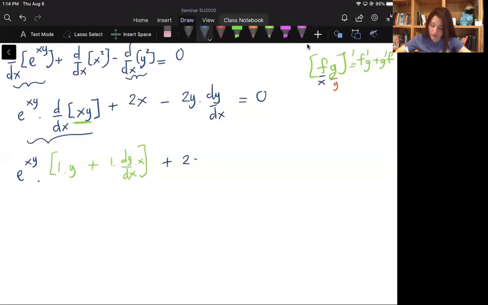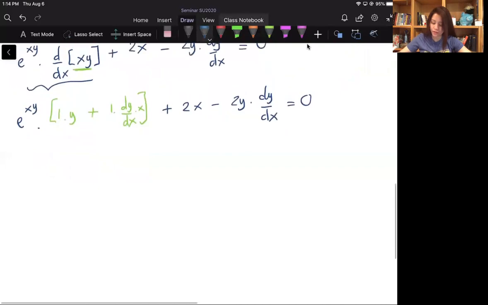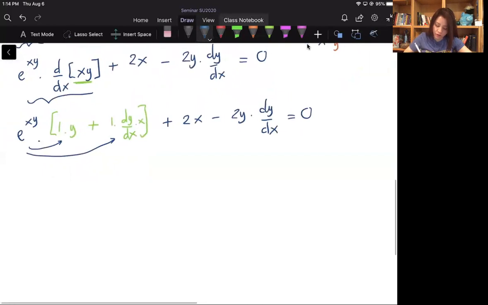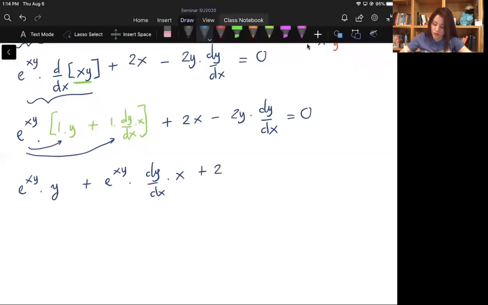And plus 2x minus 2y times dy/dx equal to 0. Okay, so now I'm going to distribute this term. So I have e to the xy times y, plus e to the xy times dy/dx times x, plus 2x minus 2y times dy/dx equals 0.